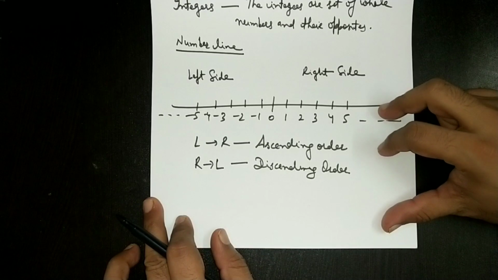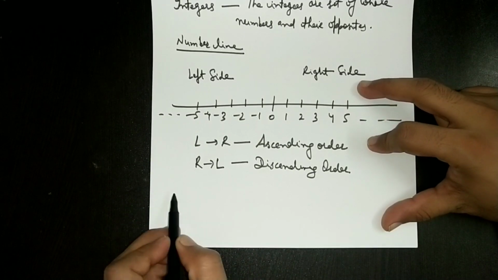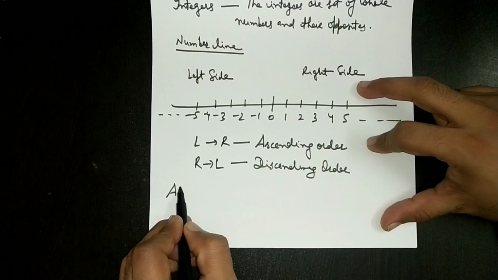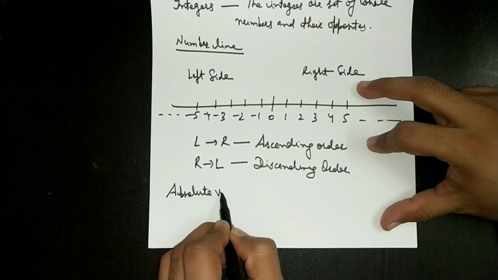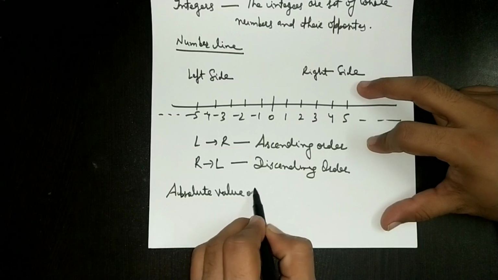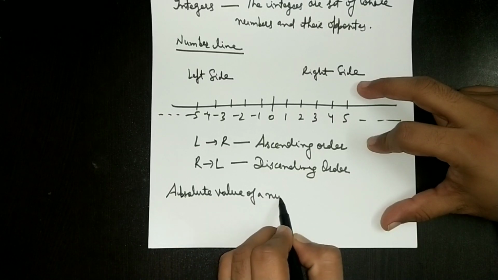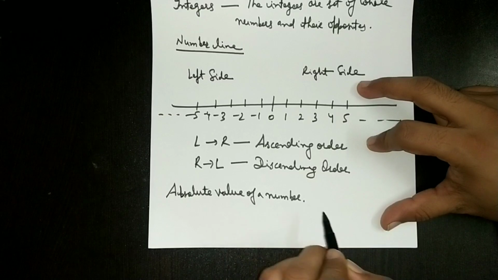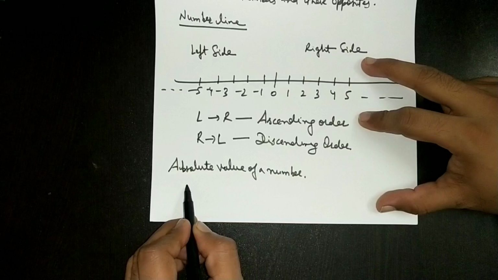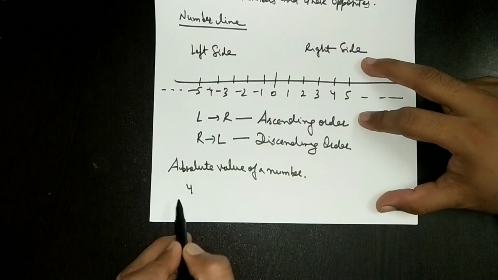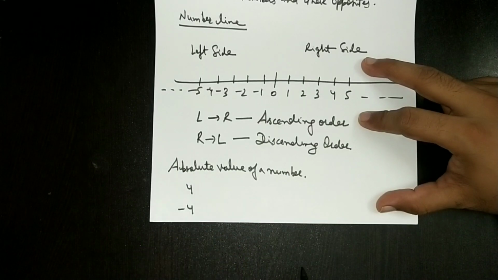Here we can also see absolute value of a number. Suppose you have 4 and you have minus 4.